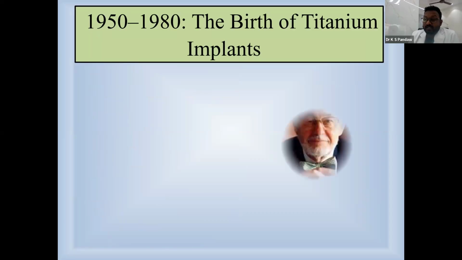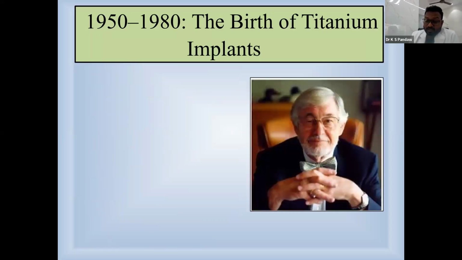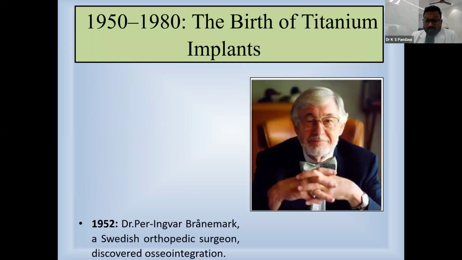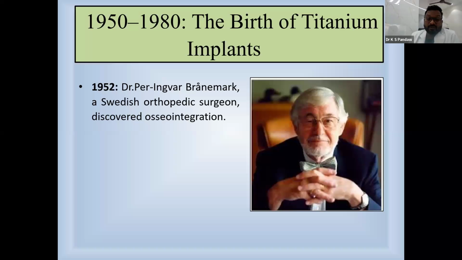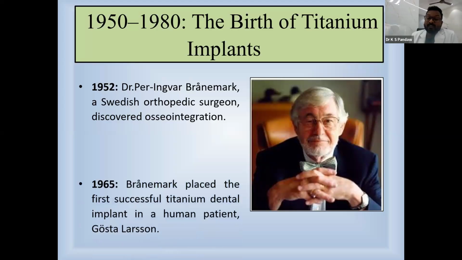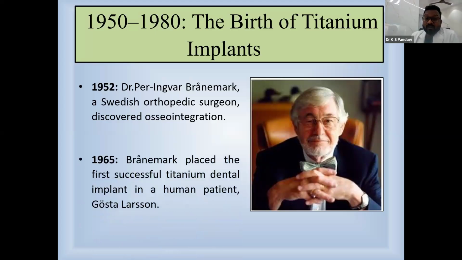This man has all the credit for the discovery of osseointegration. In 1952, Dr. Brånemark, a Swedish orthopedic surgeon, discovered osseointegration through his experiment when he placed a titanium rod into the tibia of a rabbit, and after a few months, when he tried to remove it, he was unable to.